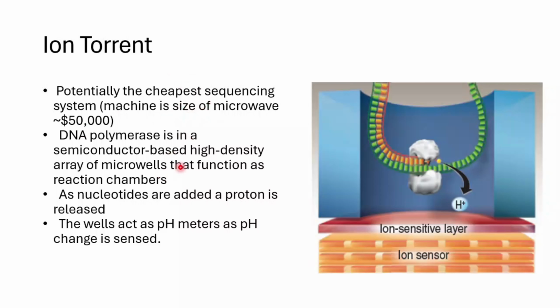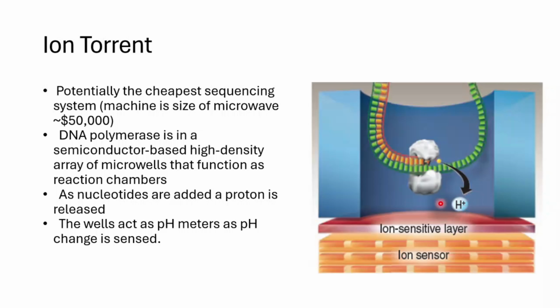So this resembles the pyrosequencing. The way this works is that you have a DNA polymerase in a semiconductor, and this semiconductor will detect the increase in the hydrogen ions, the protons. And what it will do is that it will basically act as a pH meter, to simplify it.